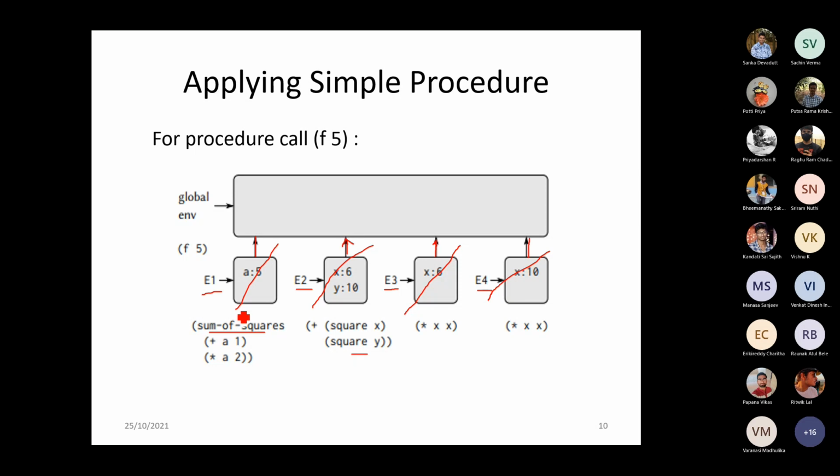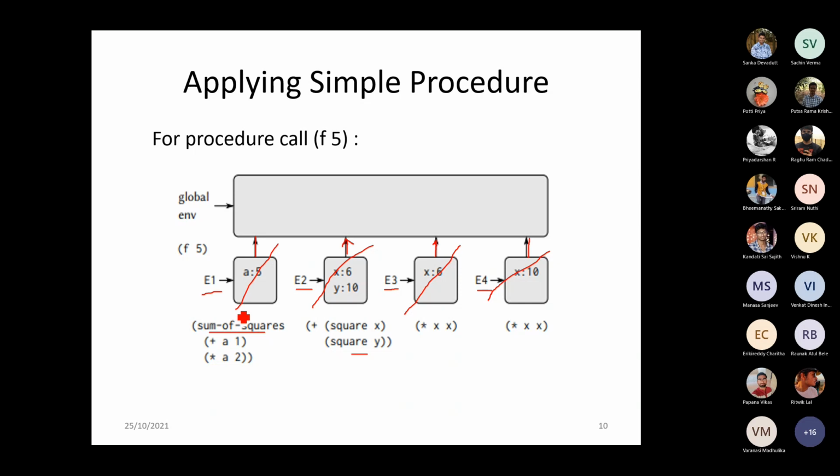And from there, we are internally calling the sum of squares procedure. Since it's a procedure call, another new frame would be created. Since it is a named procedure, sum of squares, a named environment would be created, which is E2, and to access the procedure, the pointer would be pointing to the global environment.